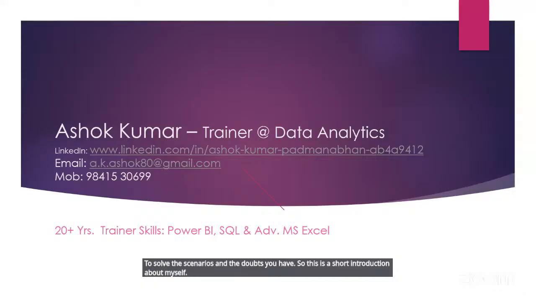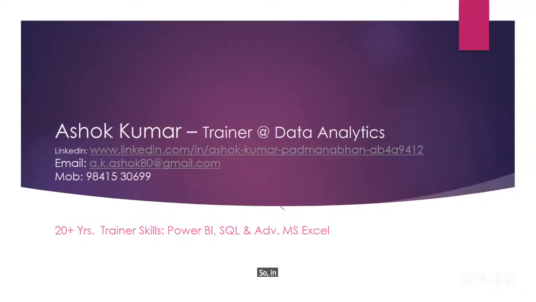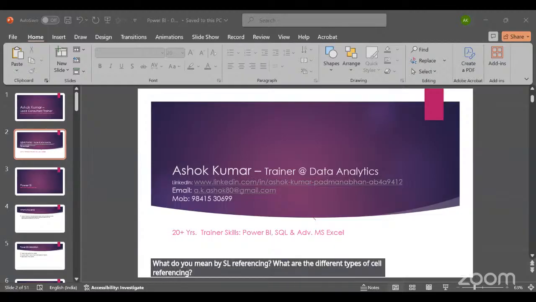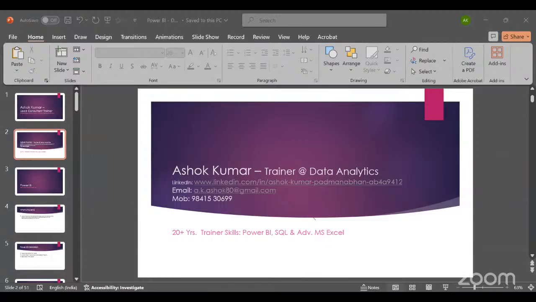In today's session, we are going to see the prerequisites before you go to data analytics. In basics, what do you mean by cell referencing? What are the different types of cell referencing? One is relative, second is absolute, third is mixed.